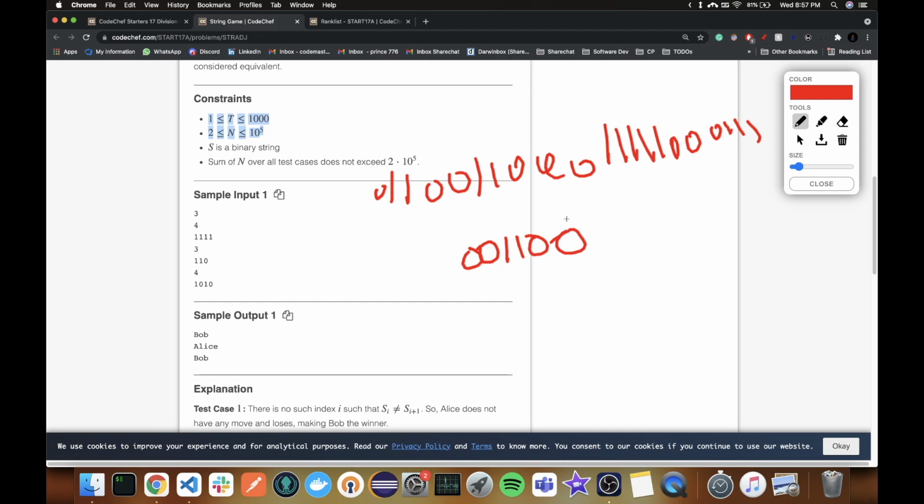Let's say he removes this, and player 1 removes this, making him unable to move here, and these two get attached here, which does not change the overall parity of the winner even there. That is interesting.